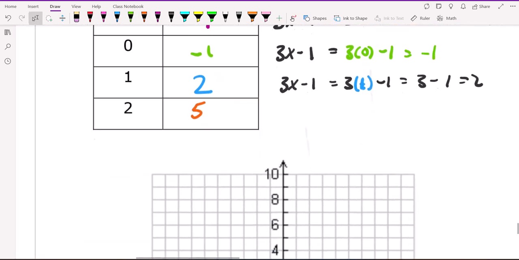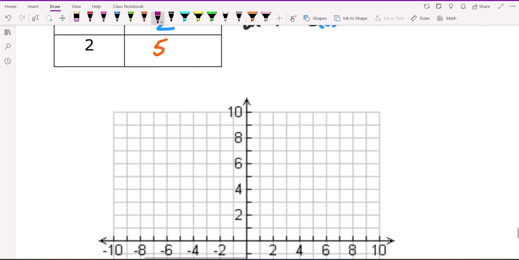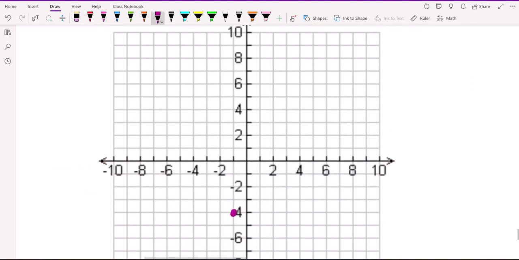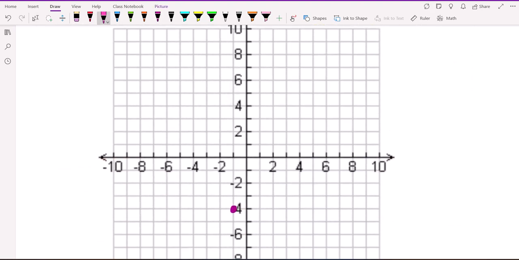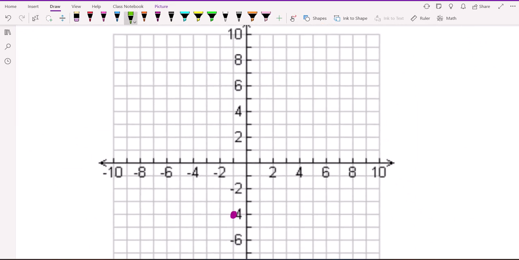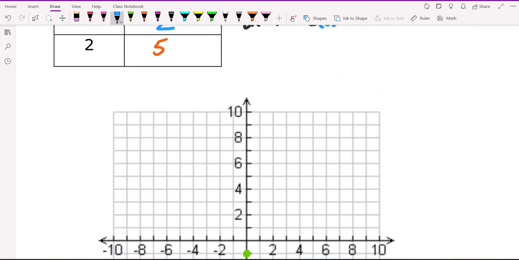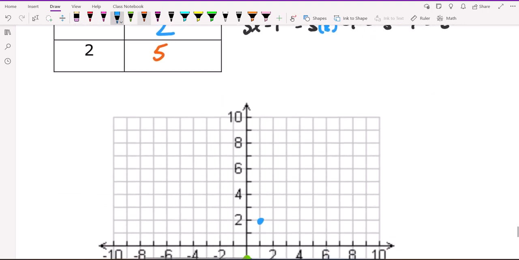-1 and -4. Zero and -1. One and 2. 2 and 5.